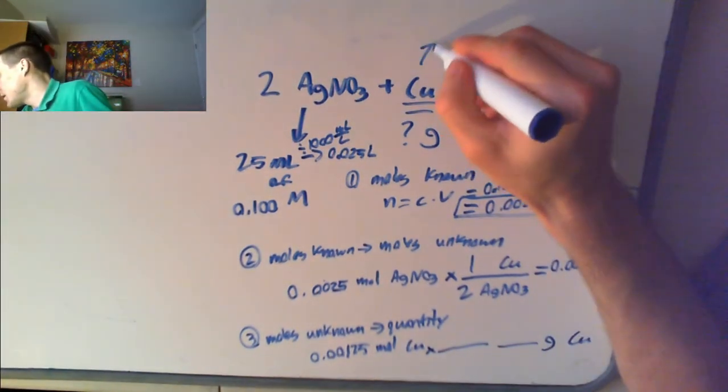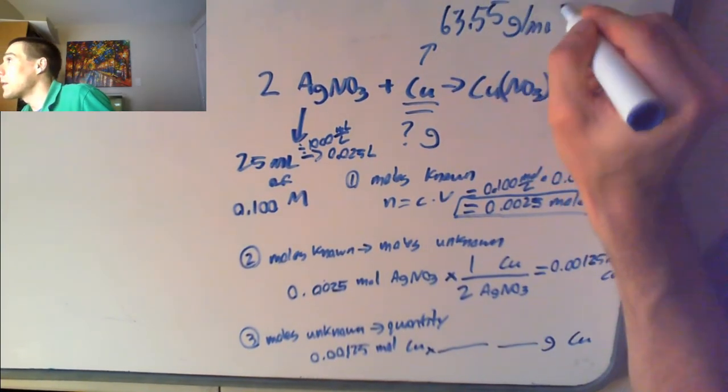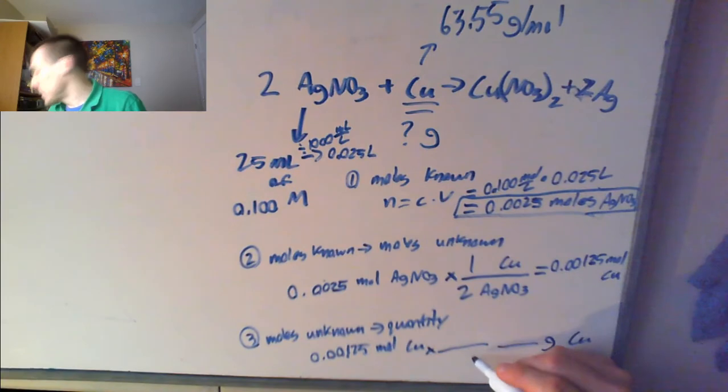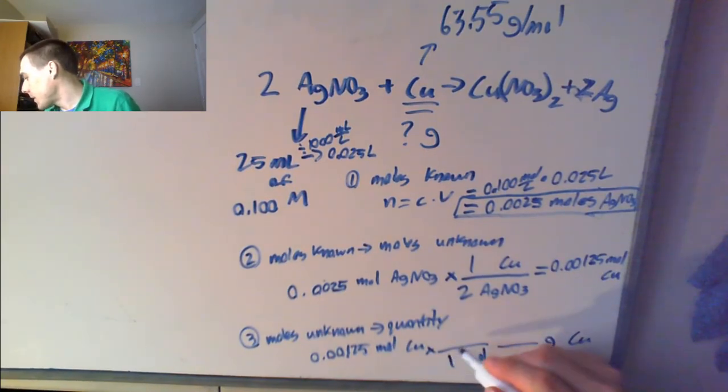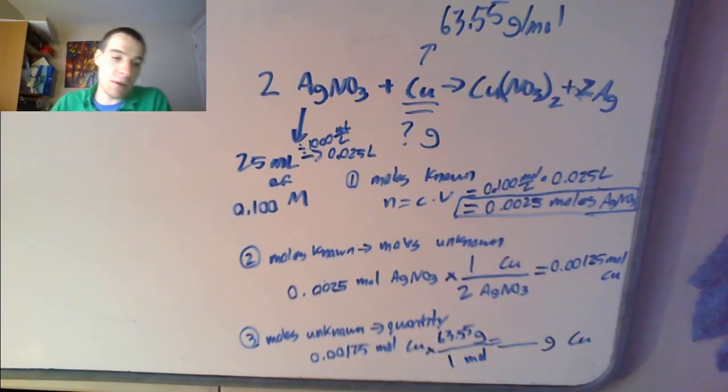63.55 grams per mole. But I want moles on the bottom, and I want grams on the top because I want to be in grams when I finish. So that's the 63.55 on top. I'm multiplying by 63.55.